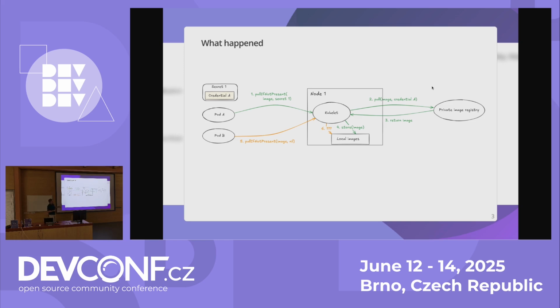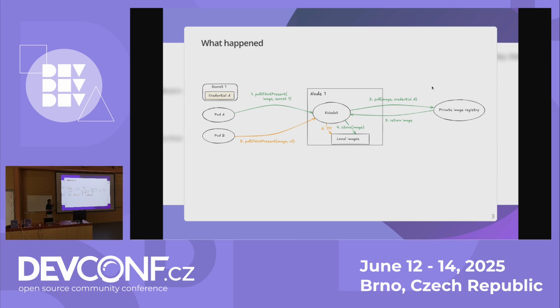It sees that the image is not present, and via a container runtime it issues a pull request for the image, and it adds the credentials from the secret that you added originally, right? The image is pulled. The kubelet sees it. It's actually stored locally on the node. And the kubelet is then able to run your container in Kubernetes.